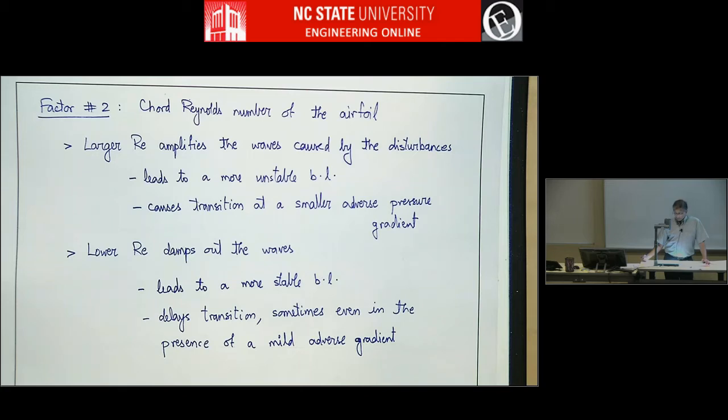So if you have a higher Reynolds number, at the very onset of any adverse pressure gradient, it will become turbulent. Whereas if you have low Reynolds number, it will keep going into adverse pressure gradient without transitioning.